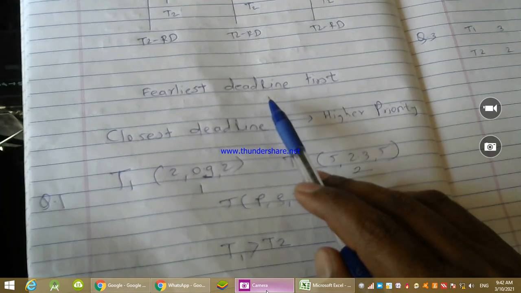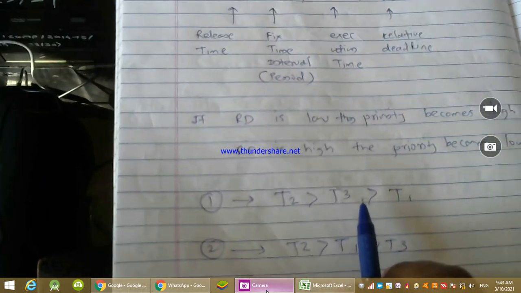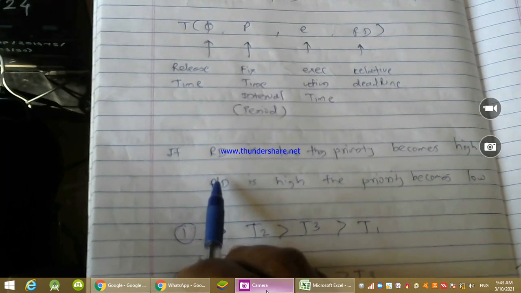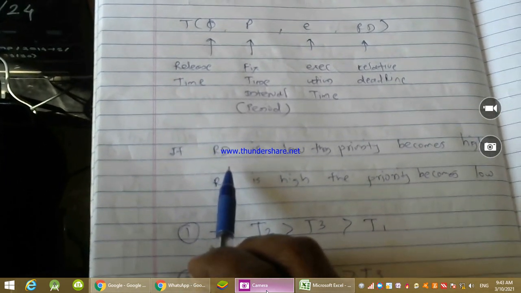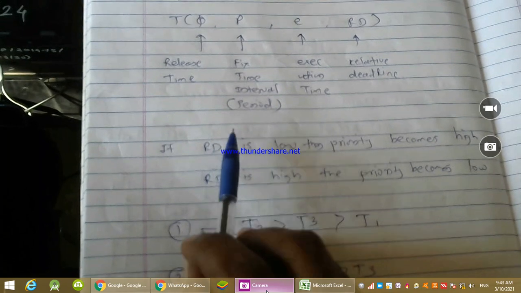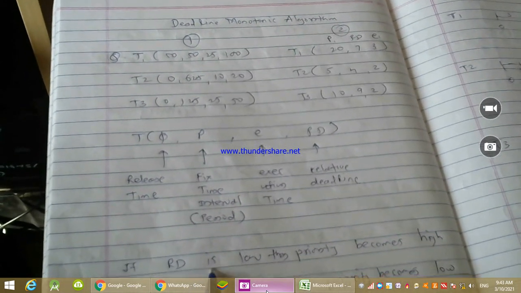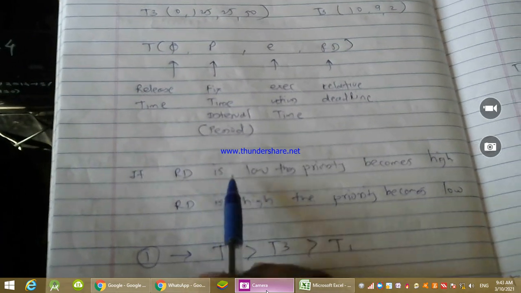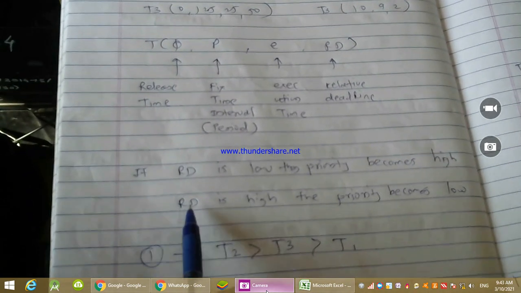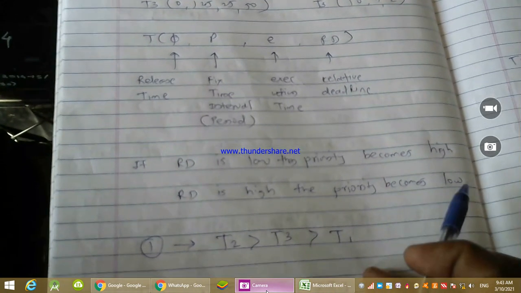Previously, in fixed priority, the priority is defined with the help of a particular element. In deadline monotonic, it is defined according to the relative deadline. If the relative deadline is low, then priority becomes high, and if the relative deadline is high, then priority becomes low.